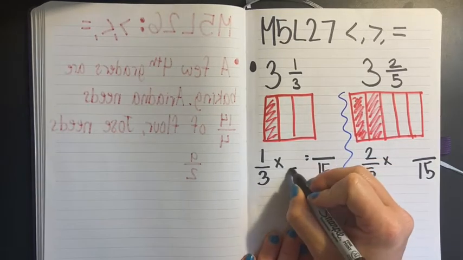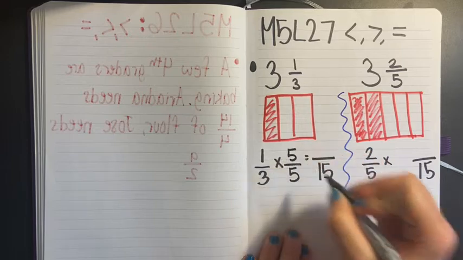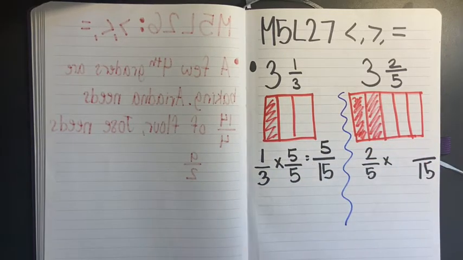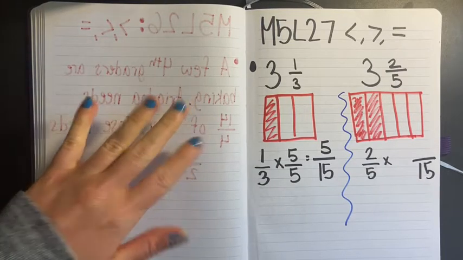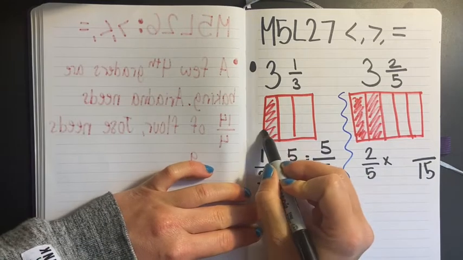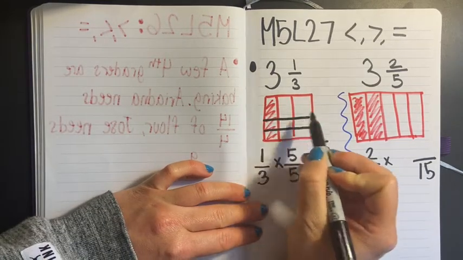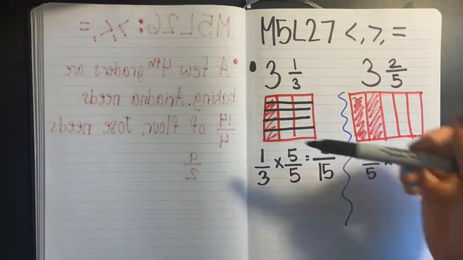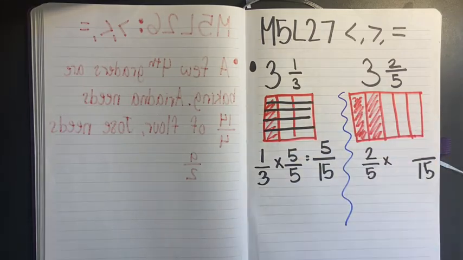Yes, we're going to multiply it with 5/5, giving us the fraction 5/15. Now we are able to label our area model by splitting it into fifths, or 5 parts. So we're going to make 1, 2, 3, 4, and 5. And now we have 5 out of the 15 boxes filled out.